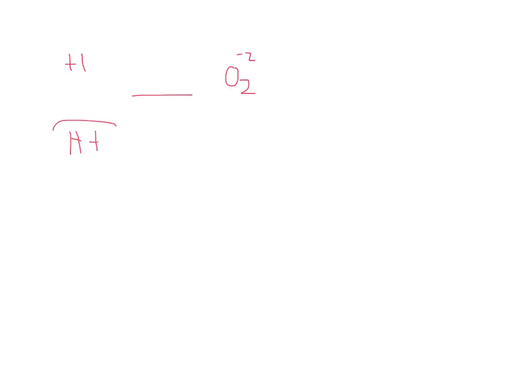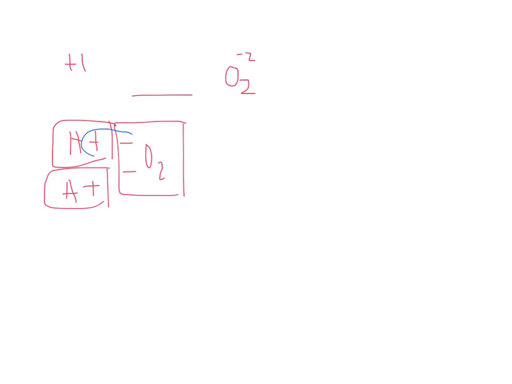So hydrogen has 1 electron to give. O2 needs 2 electrons. So I'm going to need 2 hydrogen with the 1 peroxide for H2O2. And then calcium will pick up a +2 charge.